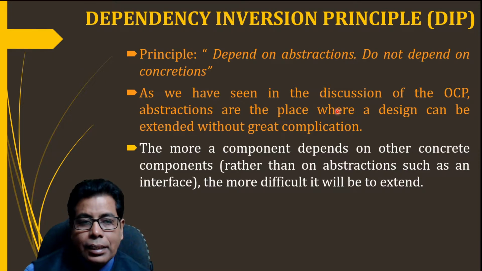So we have taken the example of the detector class. And when we add the sensor, there was no need to change the design. We have extended the design for that without any complication.